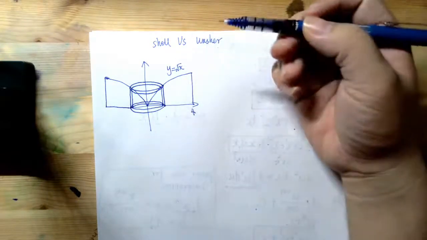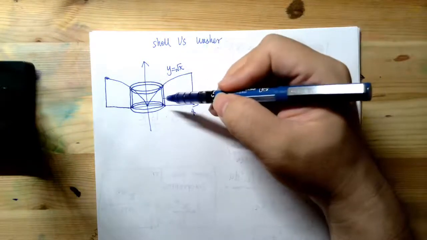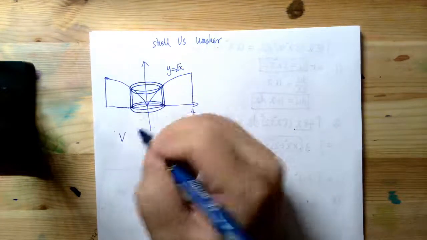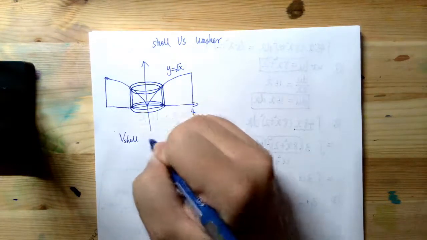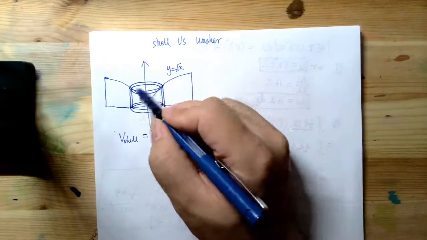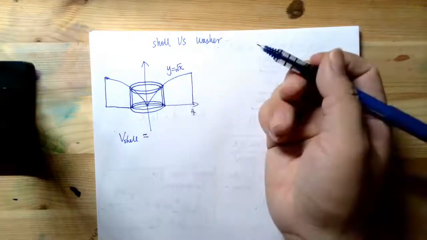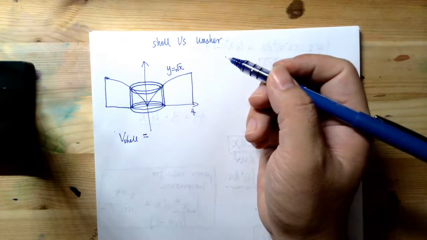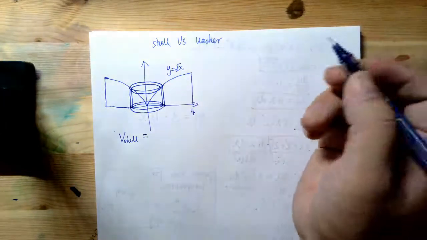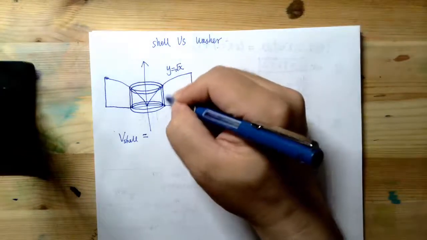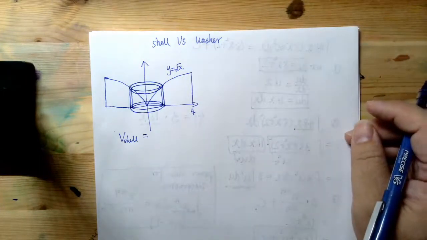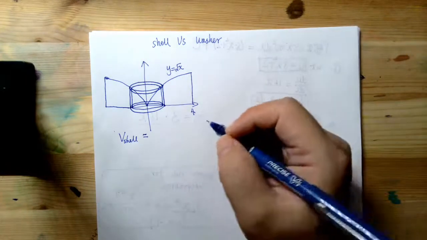And as you can see, the volume of the shell is equal to the circumference, which is 2 pi times the radius of the circular surface, and then times the height, and also times the thickness.